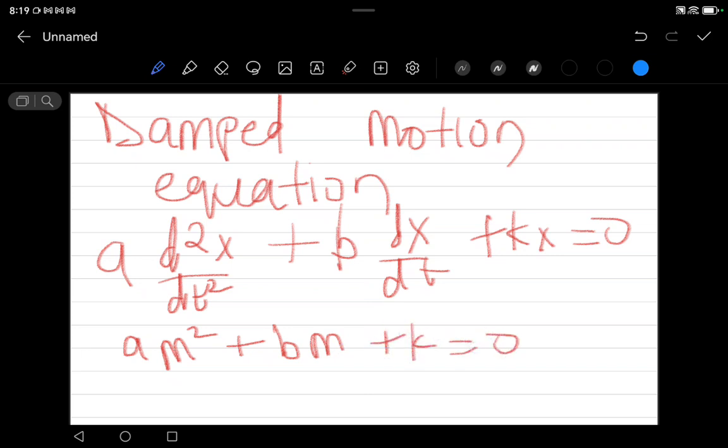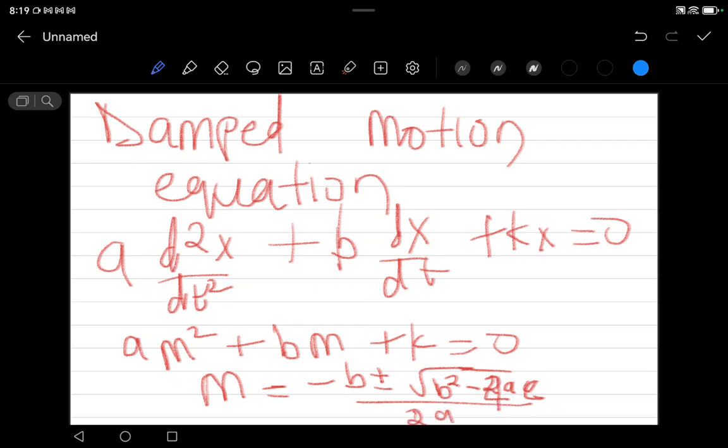So this is how our equation is going to look. And then to solve for m, we're going to use the quadratic formula. So it's going to be minus b plus or minus the square root of b squared minus 4ac, over 2a.